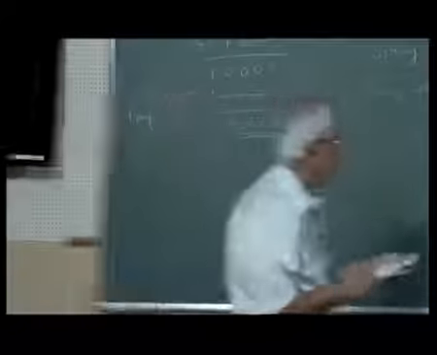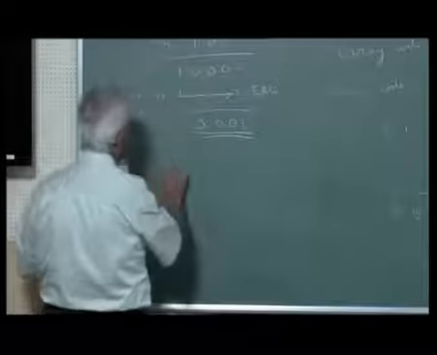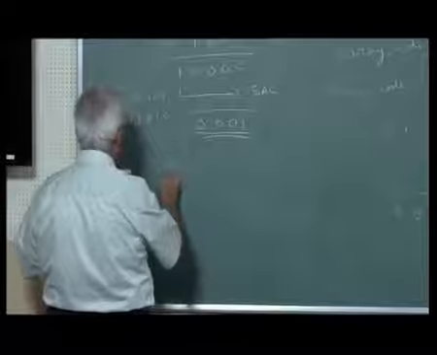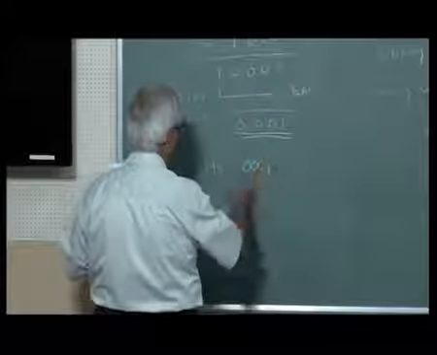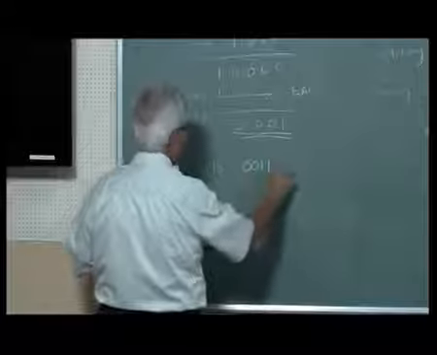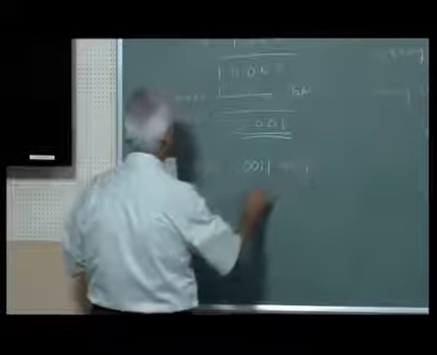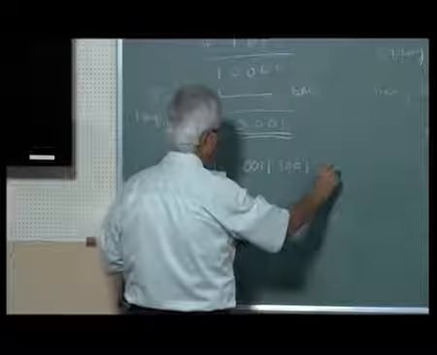You take a number 395, I will write here. Number 395, if you write each digit as a binary number, 0011, 1001, 0101.